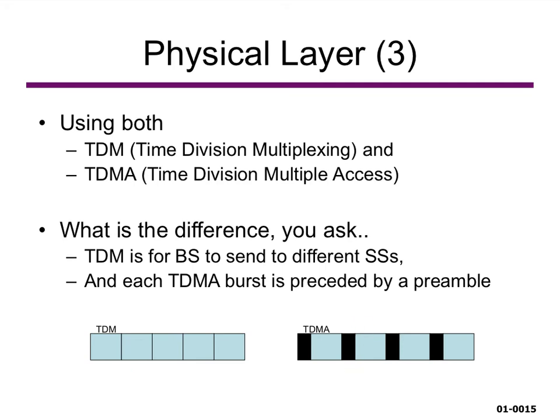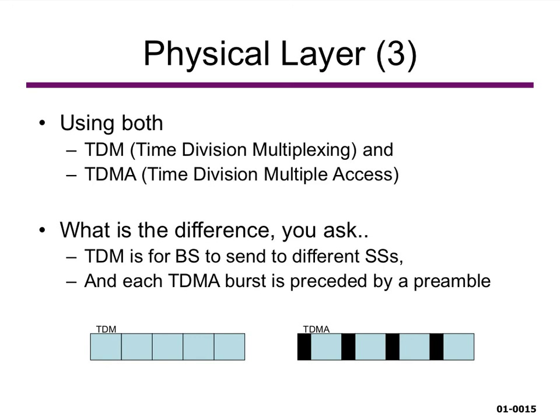For TDMA, we're talking about uplink. For the uplink, you have different nodes initiating the communication to the central node. Each node has its own clock. So that's why we need to have this gap between the time slots. Why?